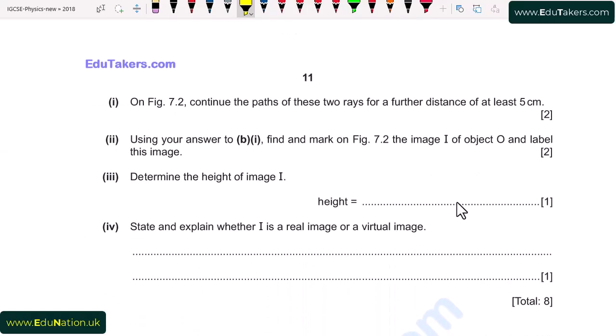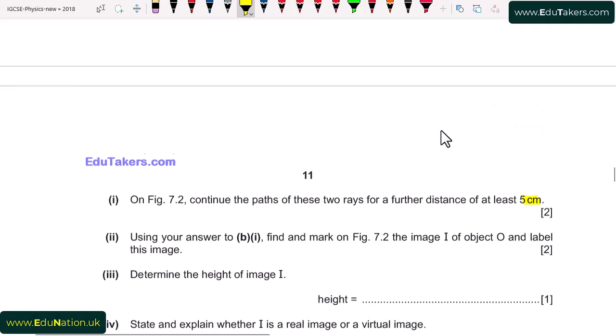Part 1. On figure 7.2, continue the path of these two rays for a further distance of at least 5 cm. So we have to draw the path of these two rays for at least 5 cm distance.